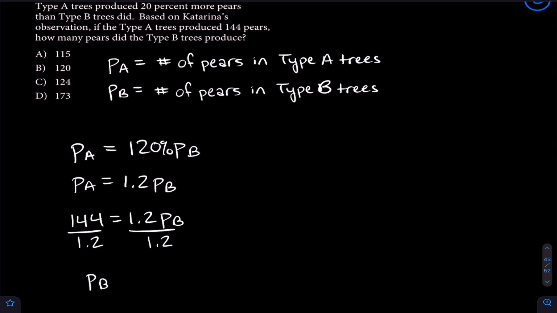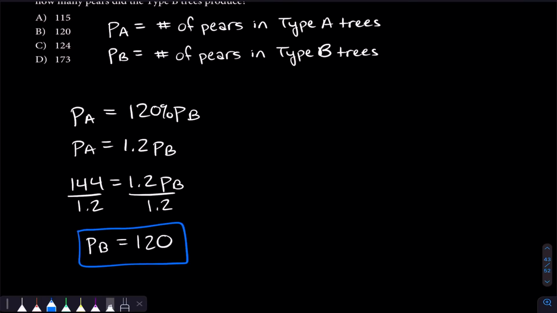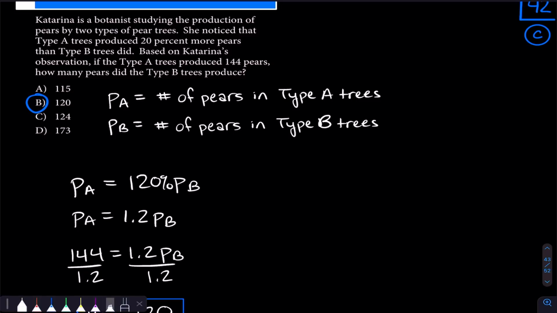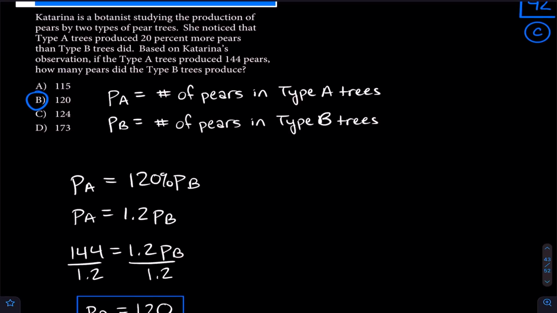Doing that, we're going to get that the number of pears in type B trees is 144 divided by 1.2, that's 120. And that is choice B.